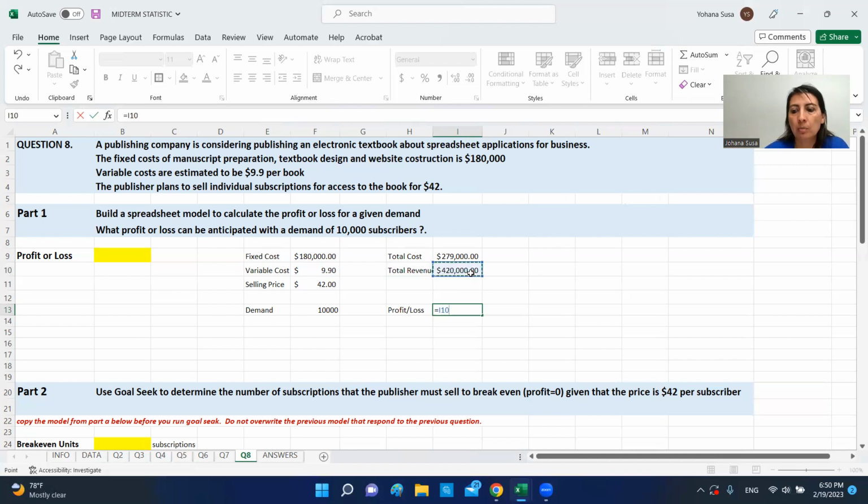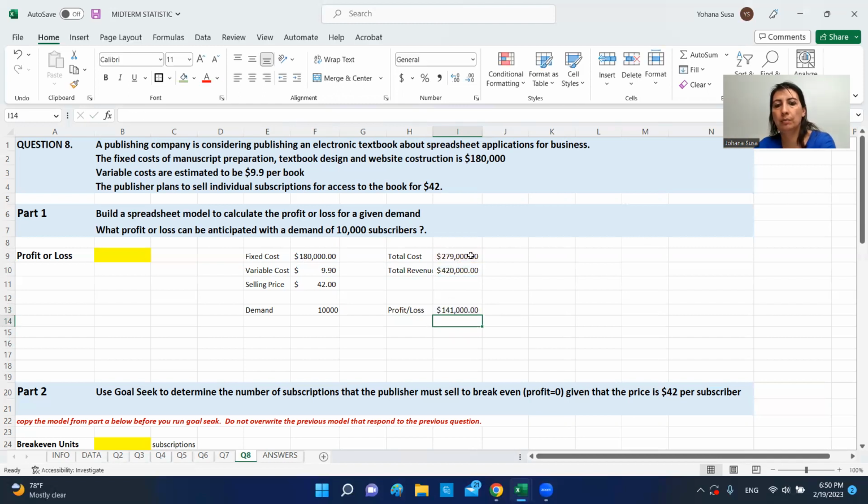So that will be my revenue minus everything that I spend making the book. Equals this minus this. Okay. So for 10,000 books, our profit will be equal to 141,000.